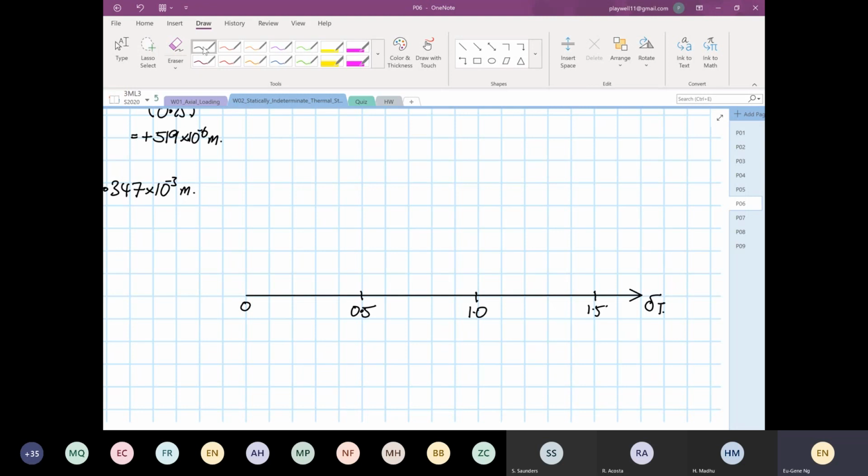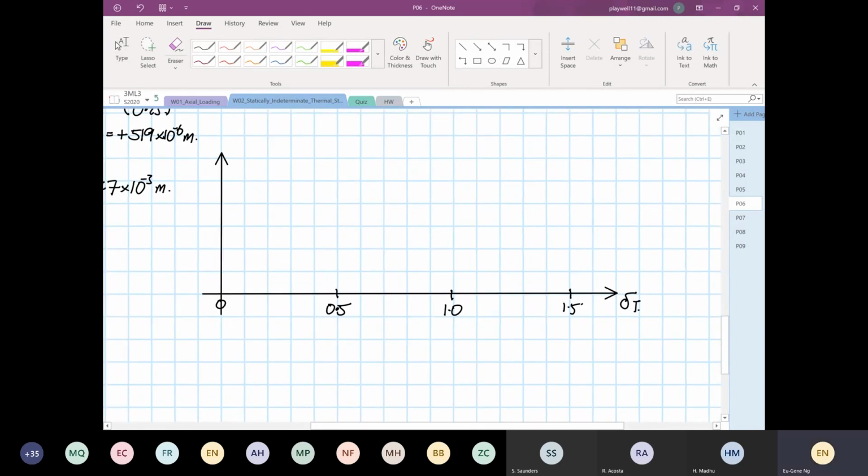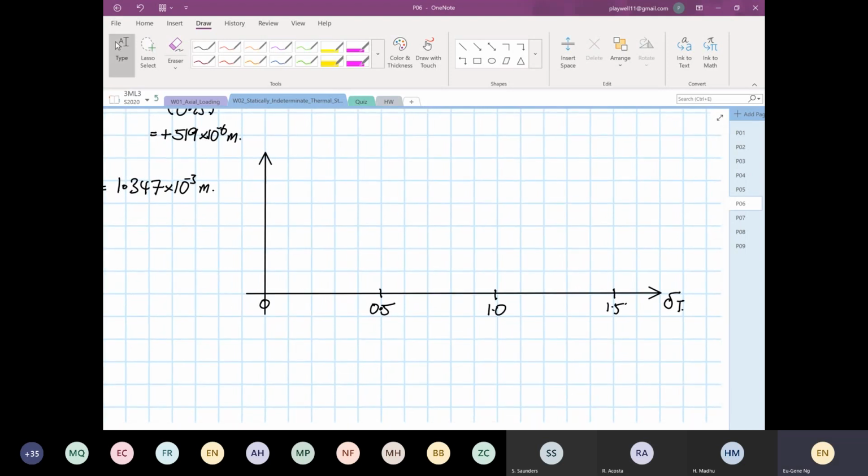Our stress over there, I don't know what stress it is. I only know have stress or no stress. So this is my y-axis. So we know that it will stop at 140 degrees C at 1.347.